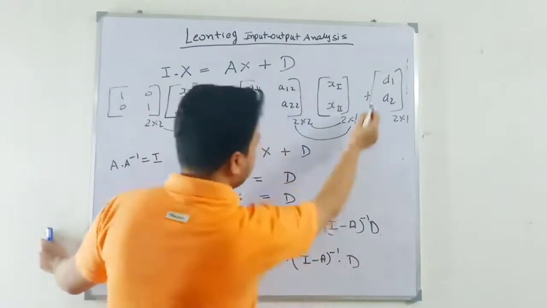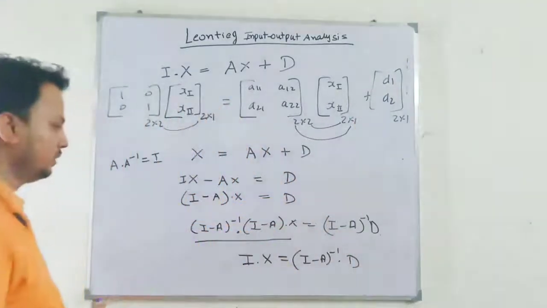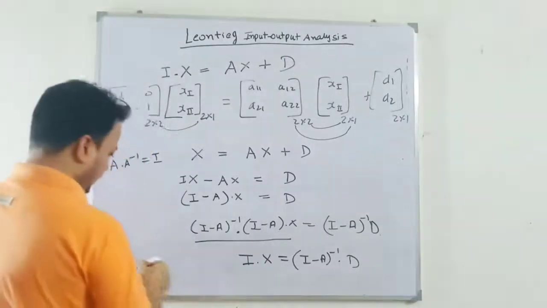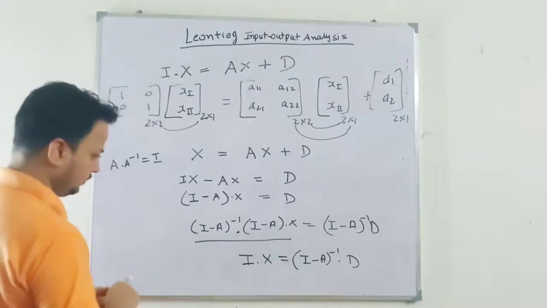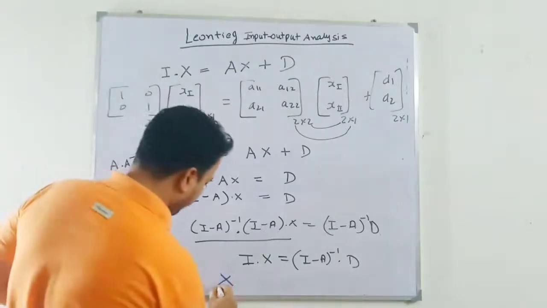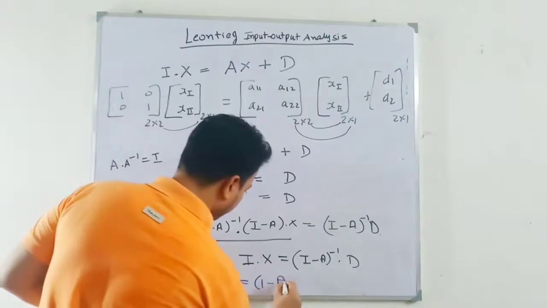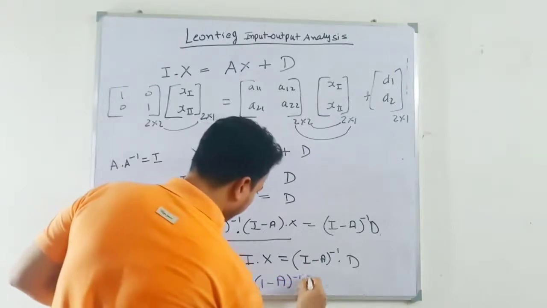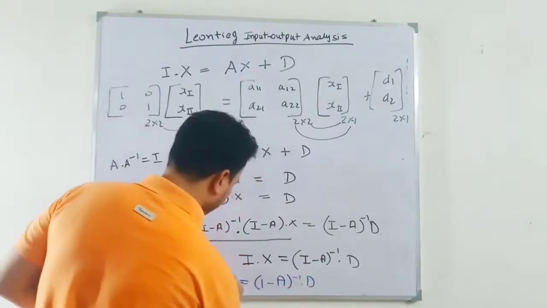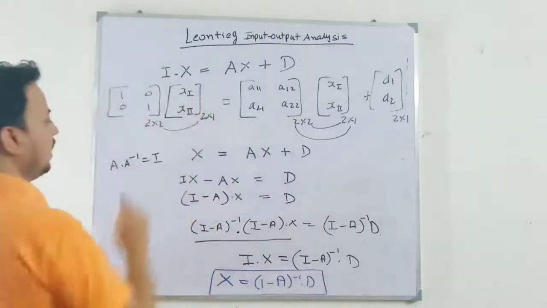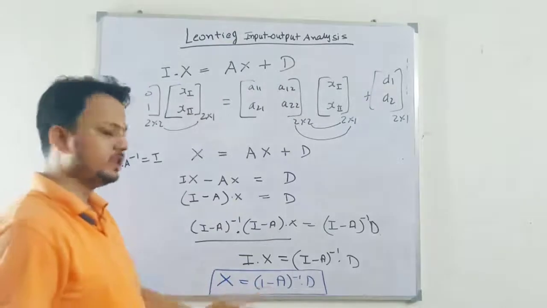D is my constant matrix given in the model. So what I can write from here is X equal (I minus A) inverse D. So we will solve our input-output analysis using this method.